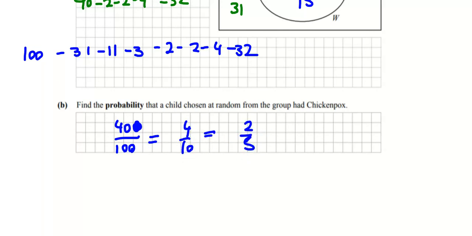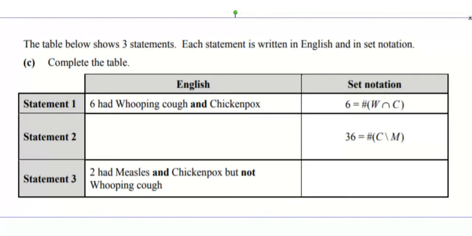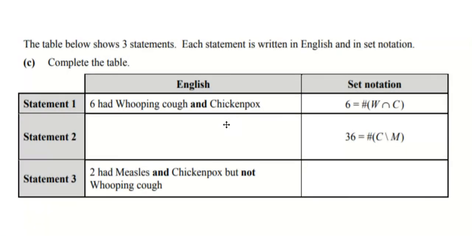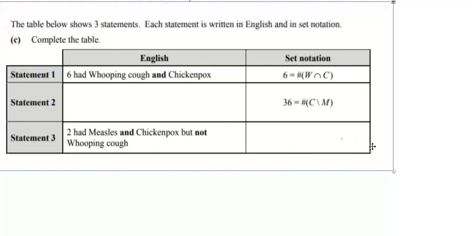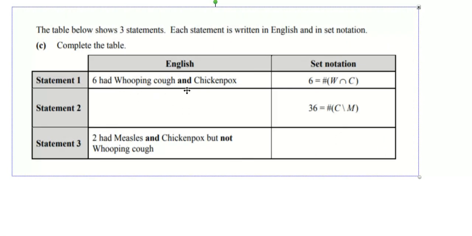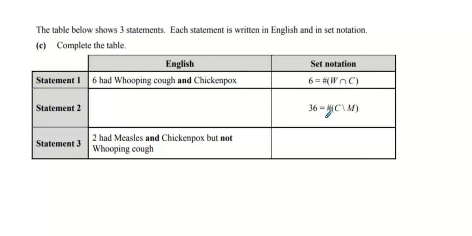Okay, now part C. So we've got to explain the English. 6 had whooping cough and chickenpox. 6 is the cardinal number of W intersection C. Alright, so C/N. Everybody who had chickenpox but didn't have measles.